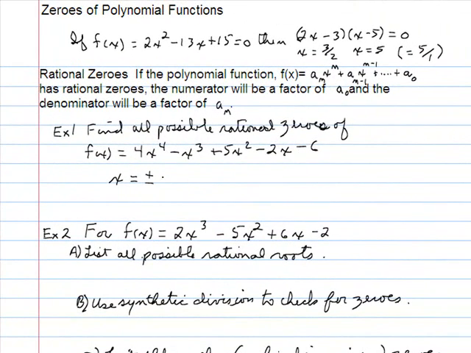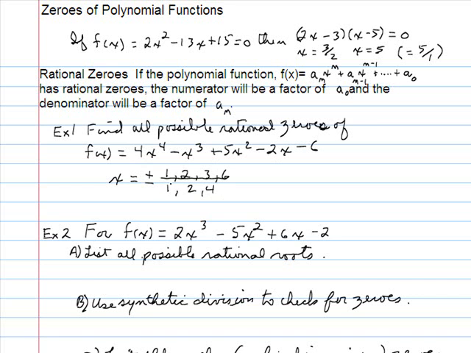Then for my numerators I write all of the factors of 6. So I'd write 1 because 1 times 6 is 6, 2 because 2 times 3 is 6, 3 because 3 times 2 is 6, and 6 because 6 times 1 is 6. And the denominators will be factors of this first coefficient, so I'll write 1, 2, and 4 for my possible denominators. Now, what numbers would those be?